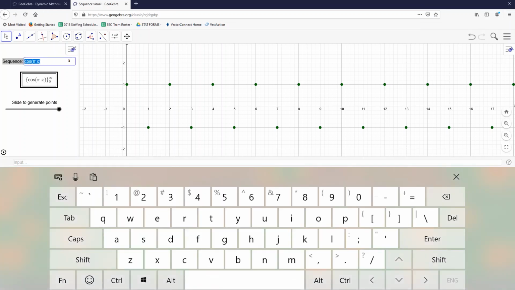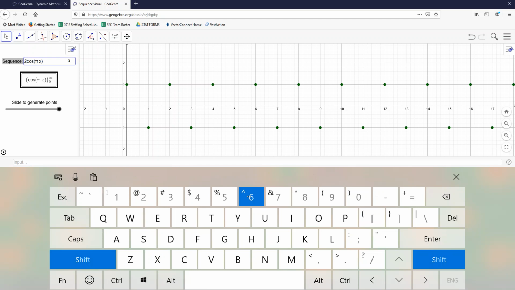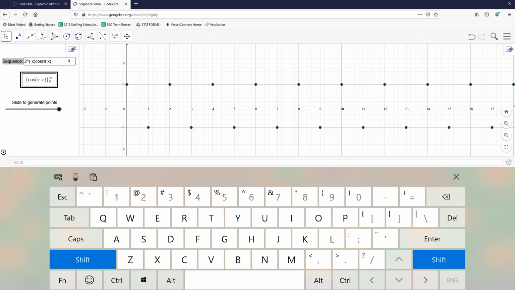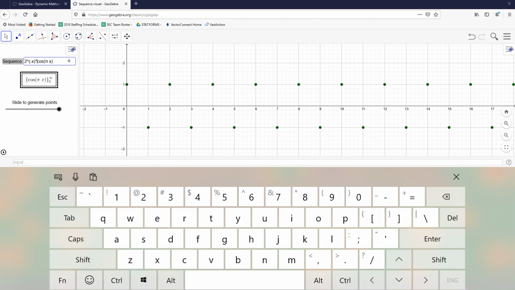Now, let's modify this really quickly then. Let's say I do 2 to the power of, I don't know, let's say -x, just for the fun of it. All right, I'm going to insert a -x here. There we are. So 2 to the power of -x multiplied by cosine of x. See if that does it. There we go. All right. Now let's look at this sequence.